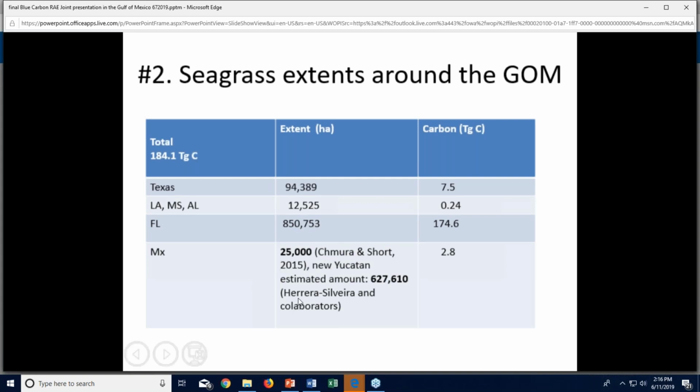But Herrera Silvera and collaborators have now said that he thinks there's 650 hectares only in Yucatan.